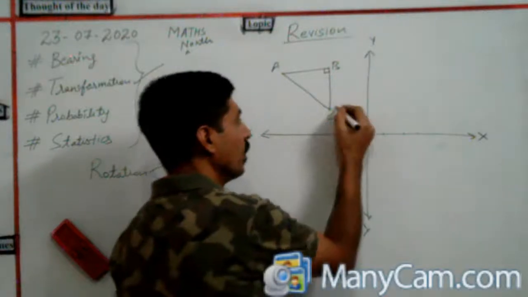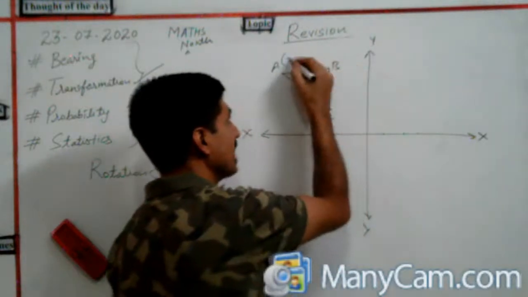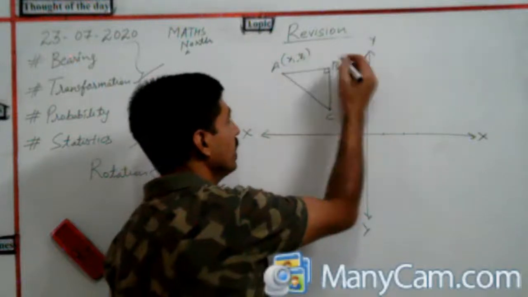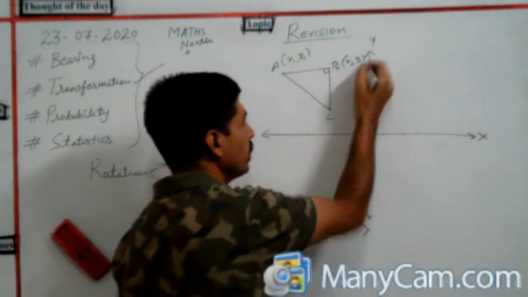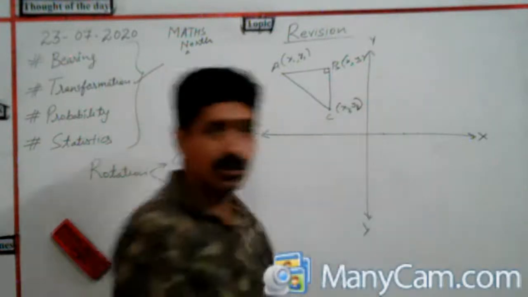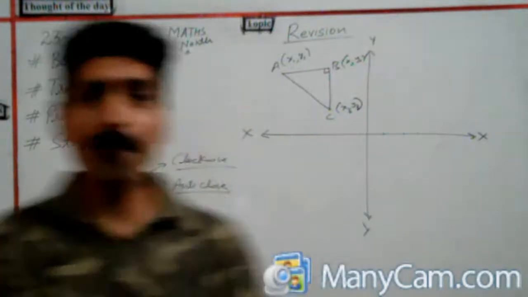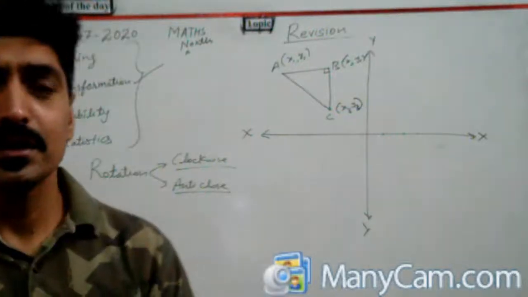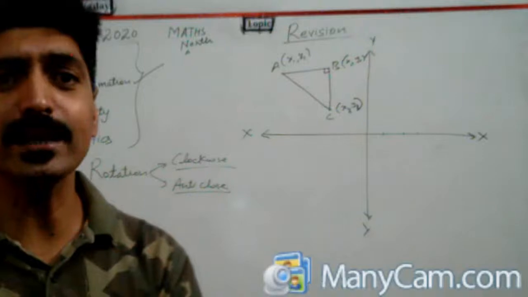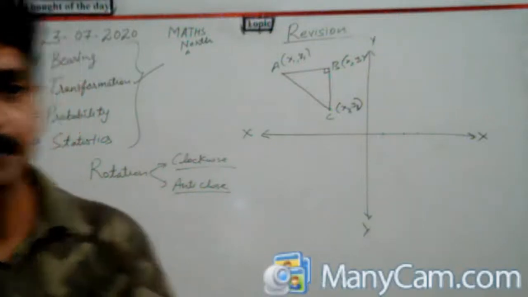If these are the vertices A, B, C, one is X1, Y1, here is X2, Y2, and here is X3, Y3. These are the coordinates. Now after going for the rotation of 90 degree anti-clockwise, right?